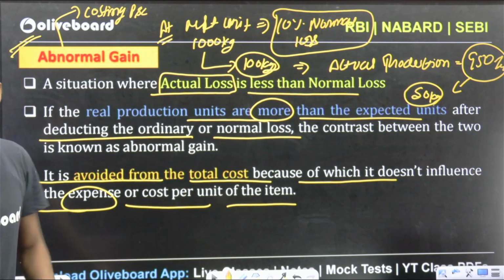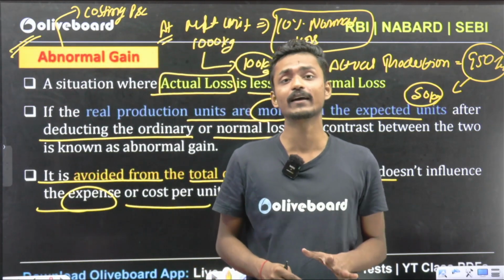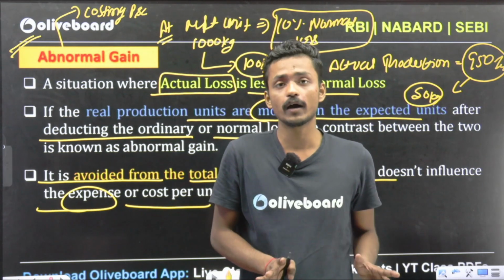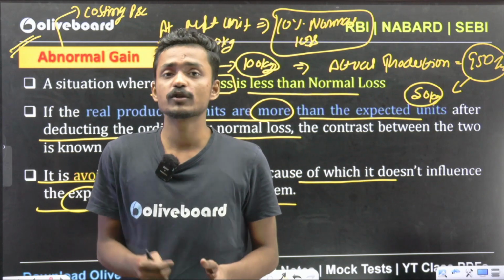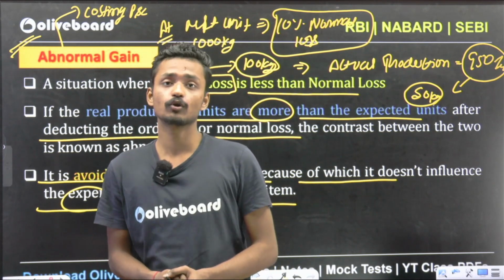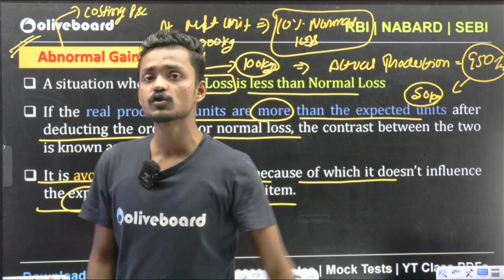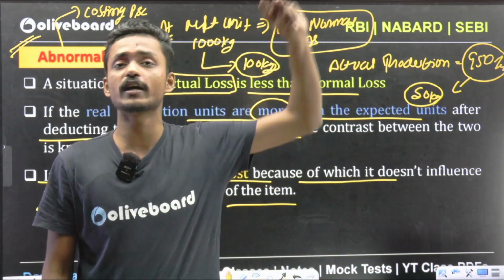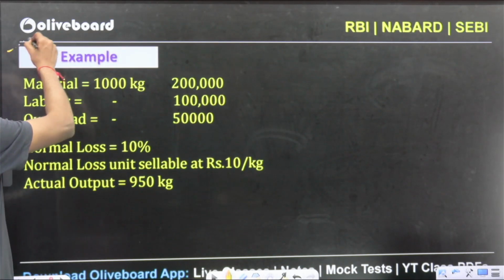When we incorporate abnormal gain in our costing, our cost per unit will decrease. So that's why we transfer that abnormal gain into the costing P&L.